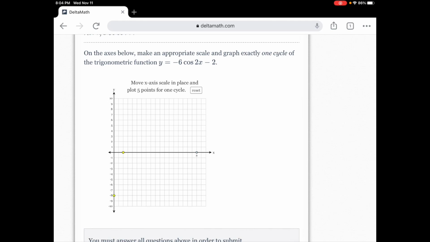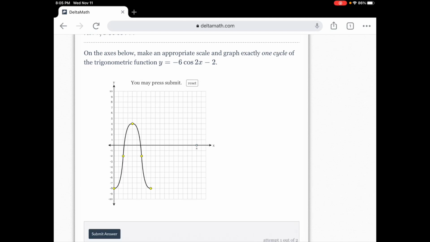And then I'm going to go back to 0. All right, so -8. And then we're going to go back to -2, because that's where our midline is. Then we're at -2, we're going to go up 6 units. So if we go up 6 units, that's going to put me at +4. Then I'm going to go back down to -2 and then continue.